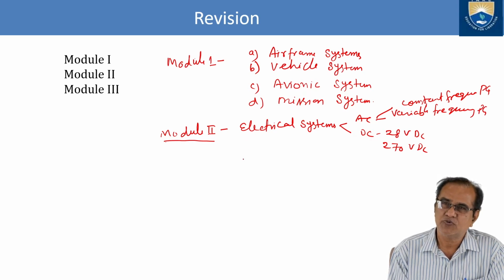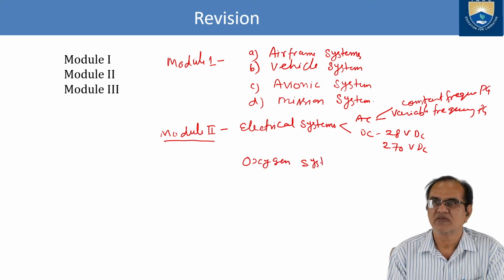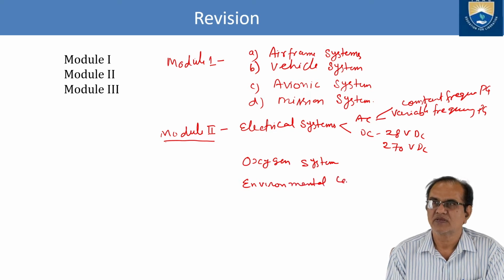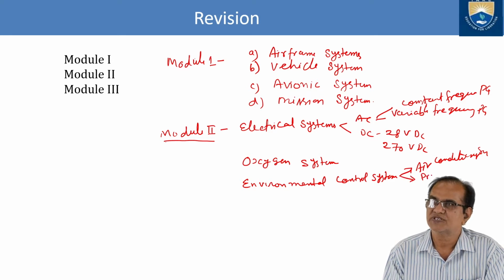Then in module 2 only, we have seen the oxygen system. We have seen the environmental control system, in this air conditioning, and then the pressure control system.